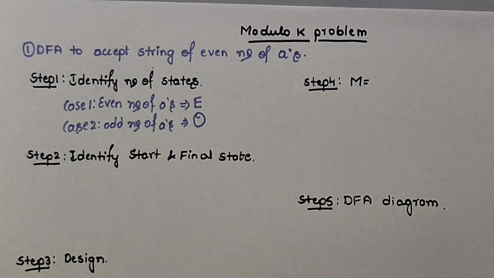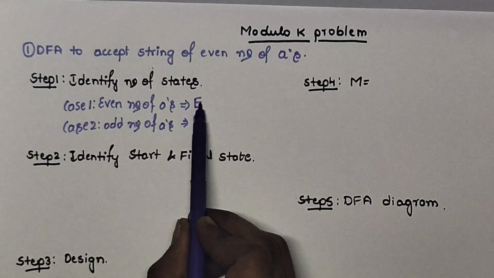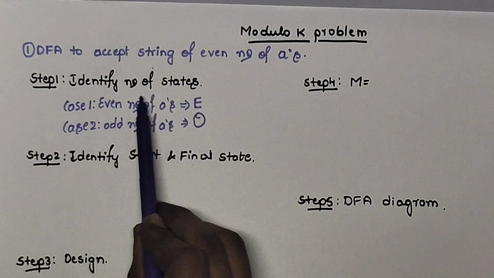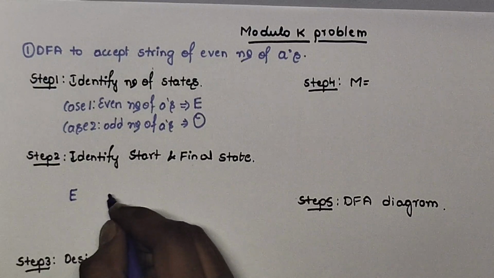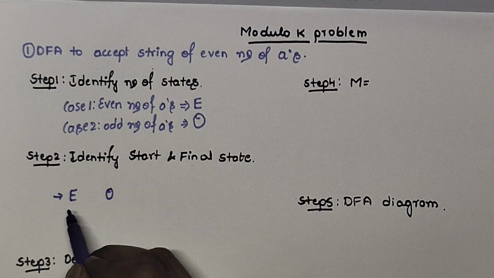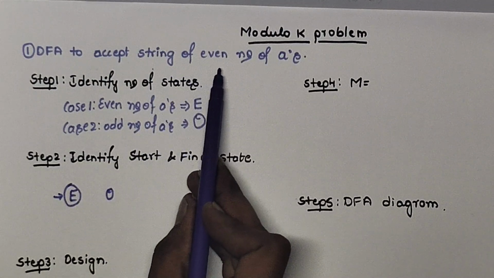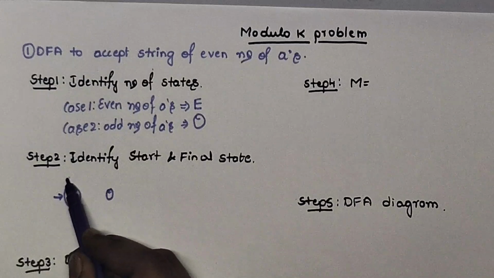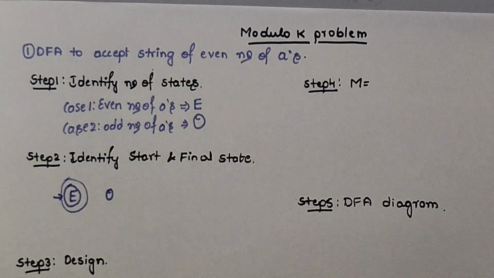The second step is to identify the start and the final state. Here we have only two states, so the number of states is 2: one state is capital letter E and another one is odd. If I start with the even state, when it encounters a string having an even number of A's, it will stop here. That is, the initial state will also become the final state.